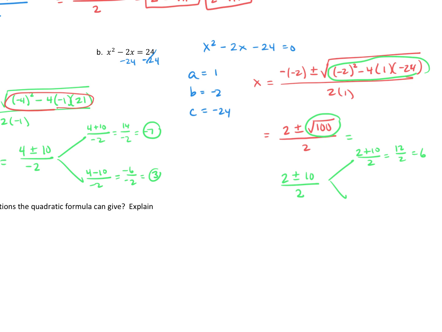One of our answers is 6. And then 2 minus 10 divided by 2. 2 minus 10 is negative 8 divided by 2 is negative 4. So our solutions are x equals negative 4, positive 6. It doesn't matter which one you write first.